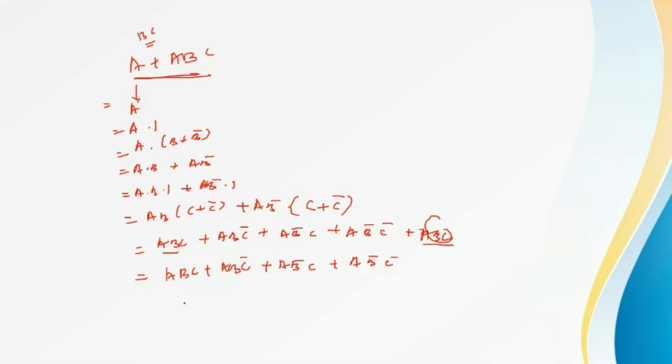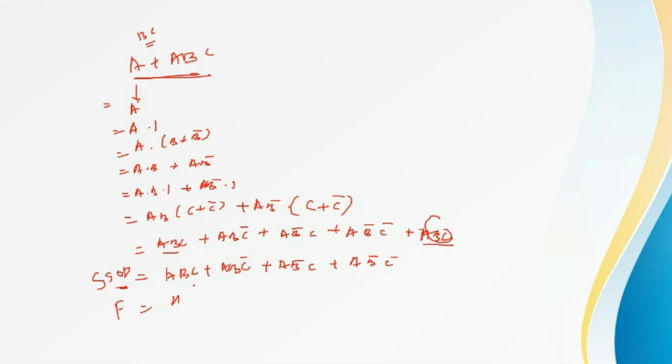Now it's becoming a standard SOP form, right? If you have to write it in canonical form, how will you write this? ABC is what? Here we represent it as 1. So this is the min SOP.